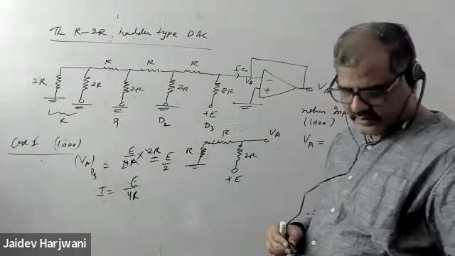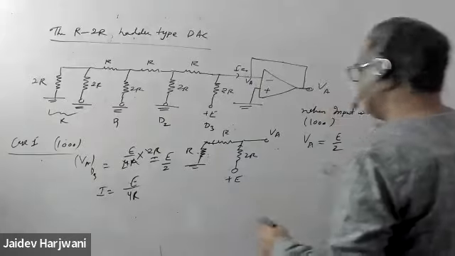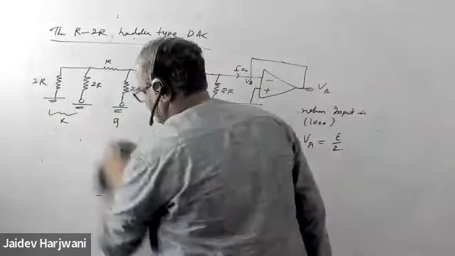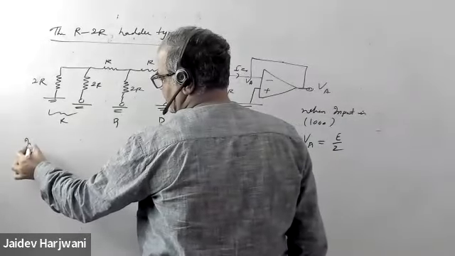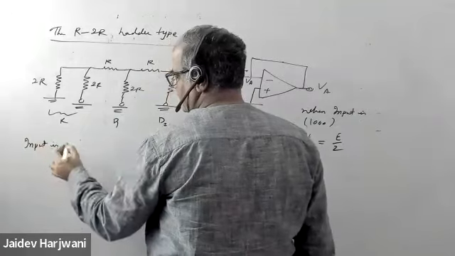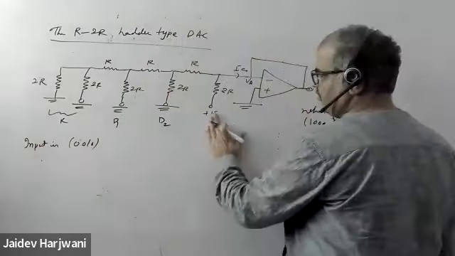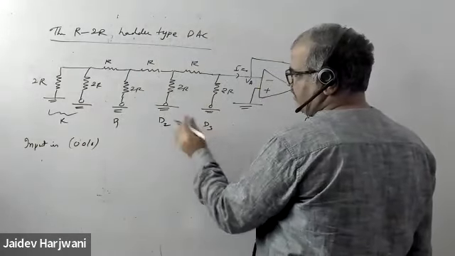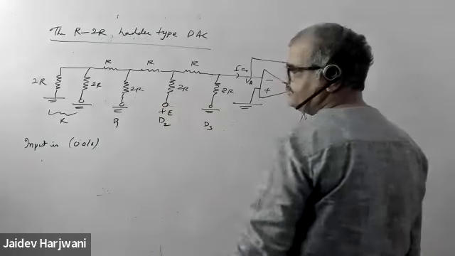So now E by 2 has come because of this digit. Now let me calculate when the input is 0100. That means now D3 is grounded and you have high voltage at D2.